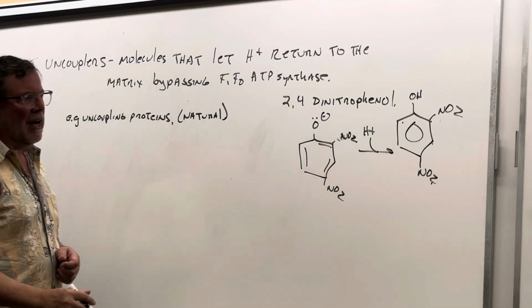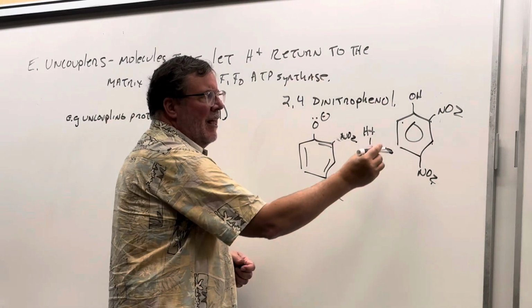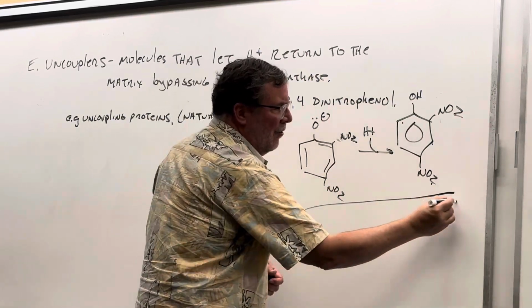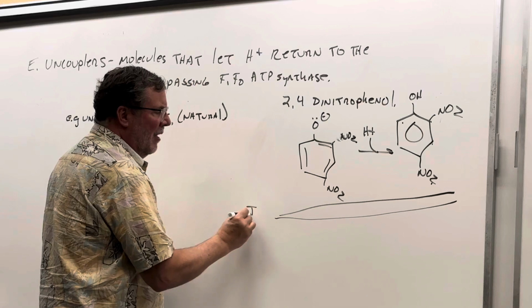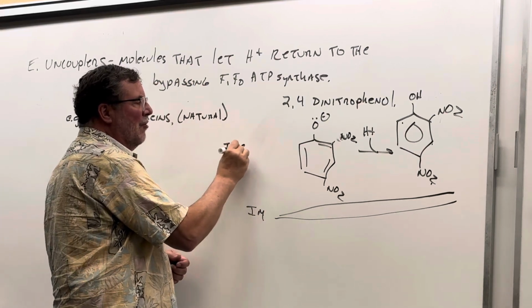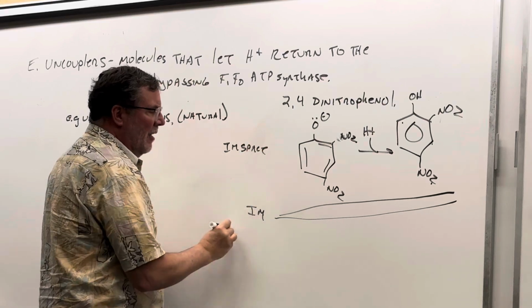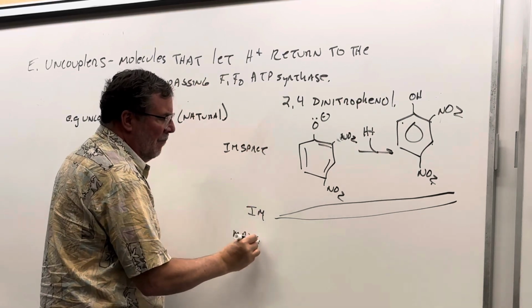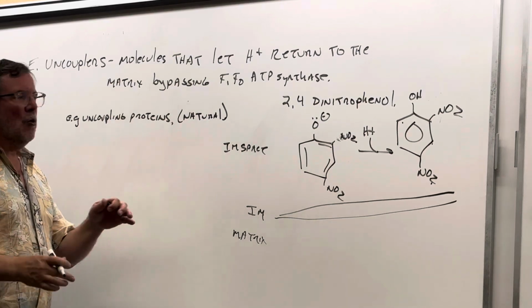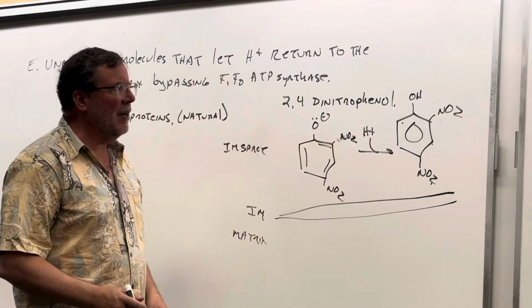When it picks up that hydrogen ion, it becomes permeable to the inner mitochondrial membrane. So if here's our inner mitochondrial membrane, here's our intermembrane space, here's our matrix, here's our electron transport chain, which has spent a lot of work generating this hydrogen ion gradient.